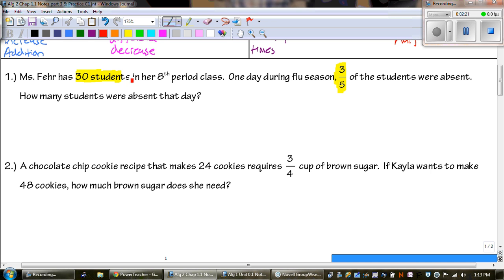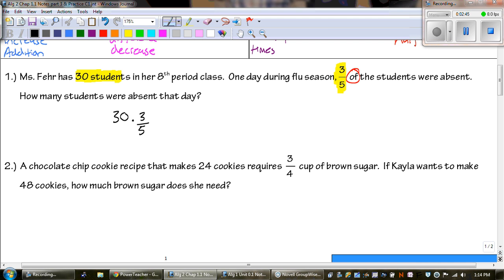Miss Fleur has 30 students in her 8th period class. One day during flu season, 3/5 of the students. Okay? They're telling us right there, of, that we have to multiply. So we have 30 times 3/5.